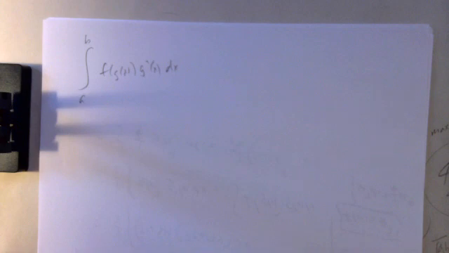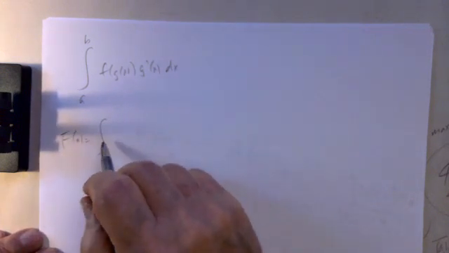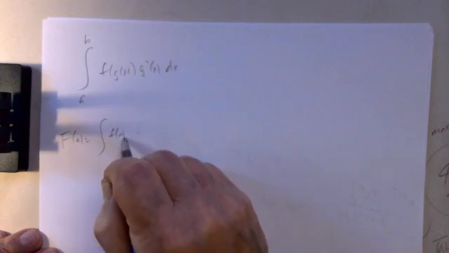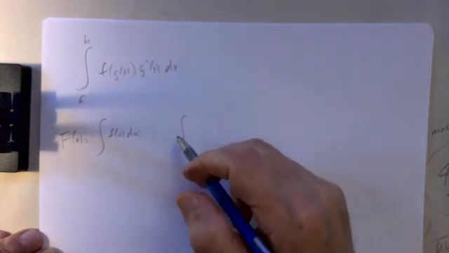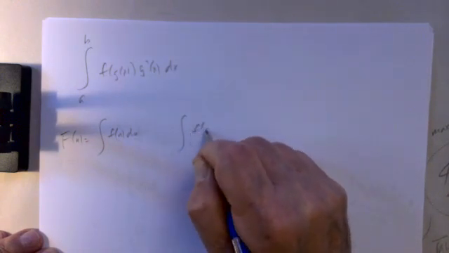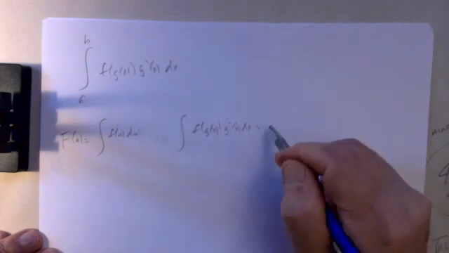So if we let capital F of u be the antiderivative of little f du, and the integral of f of g of x, g prime of x dx, this is the antiderivative.